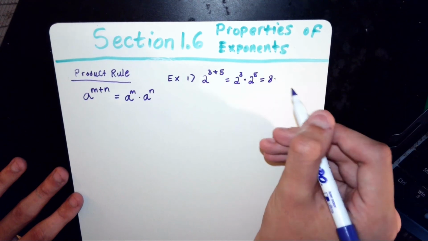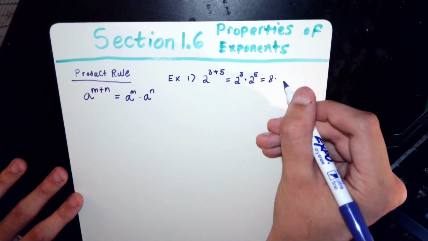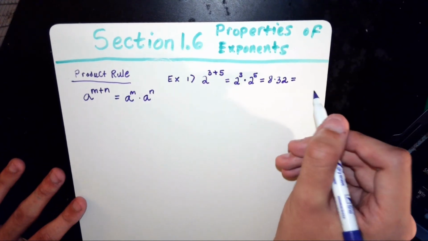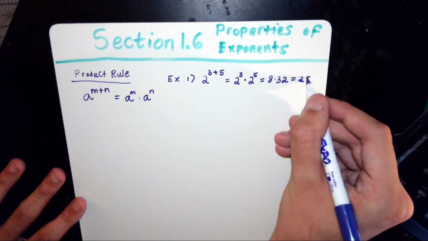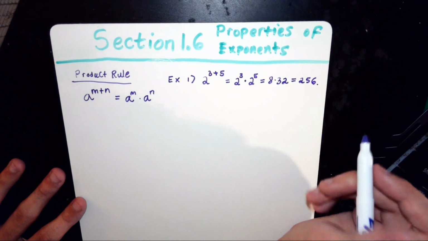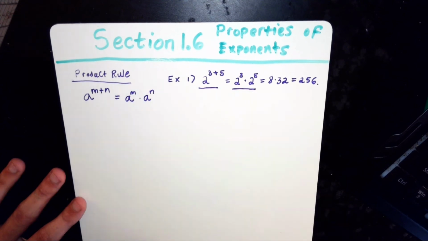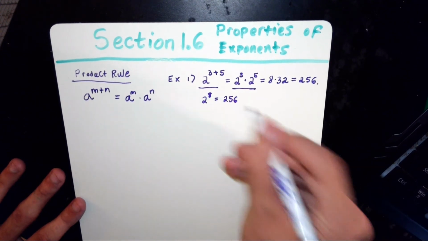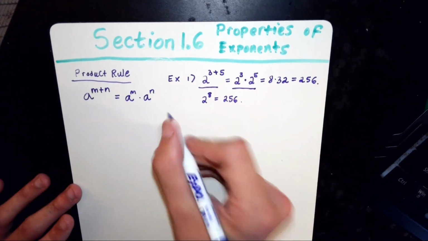And then 2 to the fifth is 2 times 2 times 2 times 2 times 2, which turns out to be 32. We could continue this: 8 times 32 turns out to be 256. But anyway, the main point was to just demonstrate that this and this are the same thing. We could have computed that 2 to the 8th is also 256.